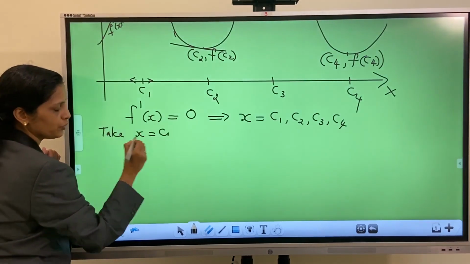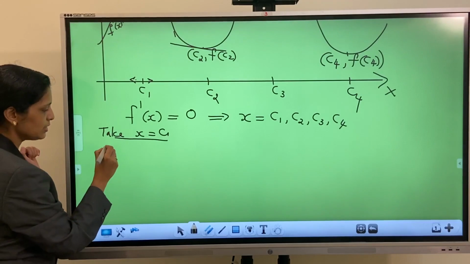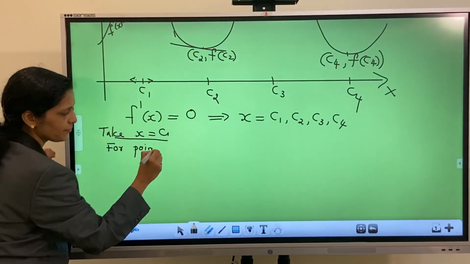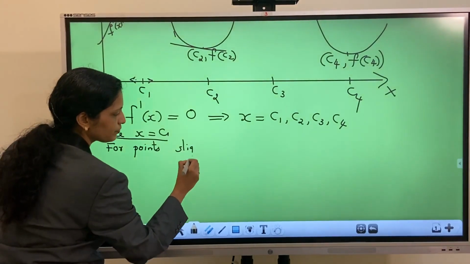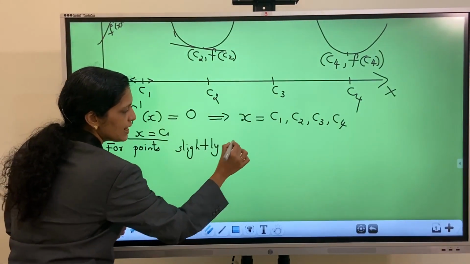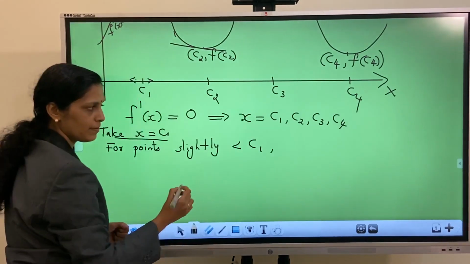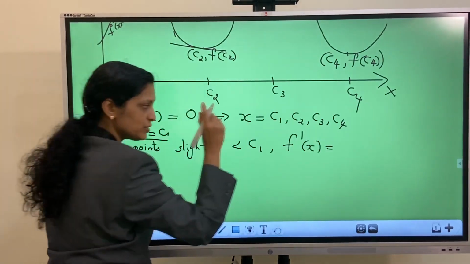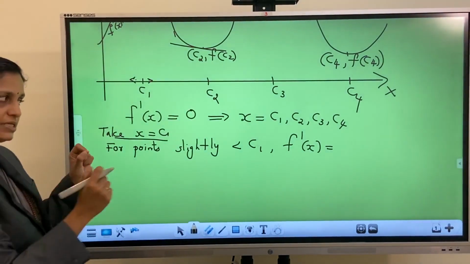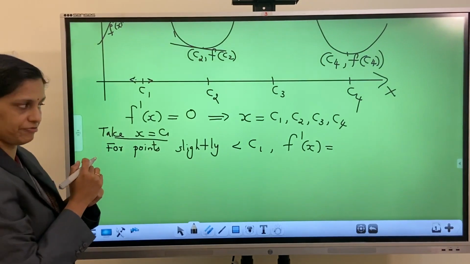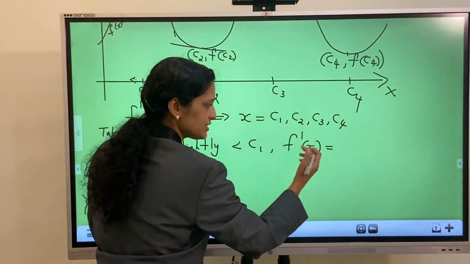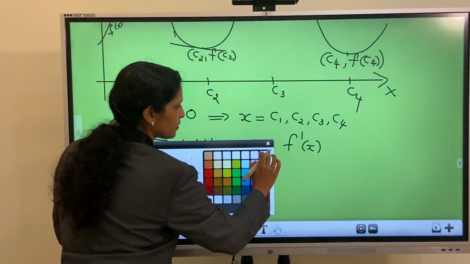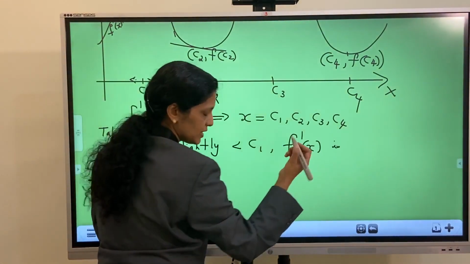Then take points slightly less than C1. You have to substitute that value in f dash x and look at the sign of f dash x, whether it is a negative or positive quantity.